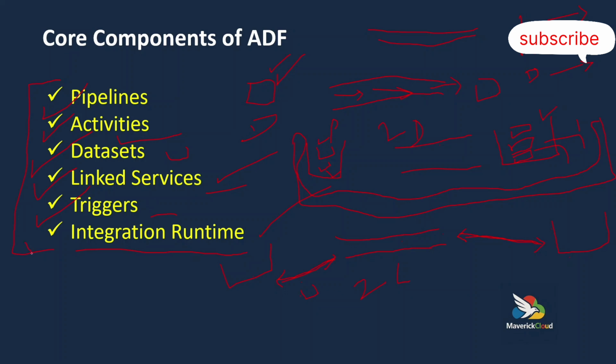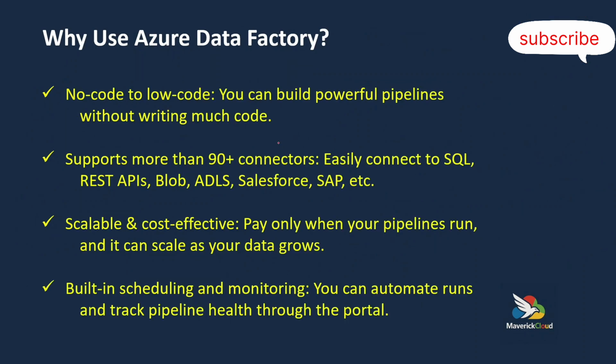And the integration runtime, where we want to run our pipelines on particular machines. This is very important, and I will show you all of it in my lab in the coming videos. So we have seen all the fundamental requirements of Azure Data Factory for running pipelines.